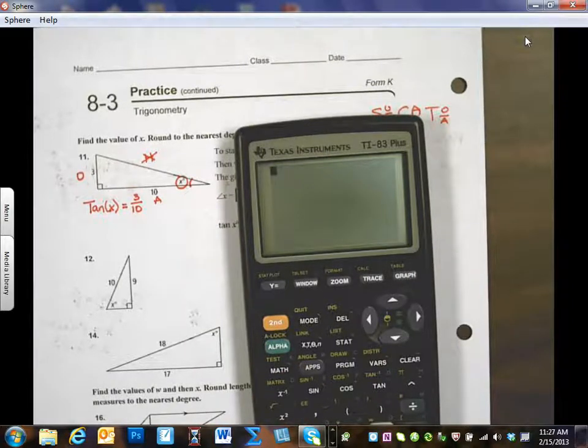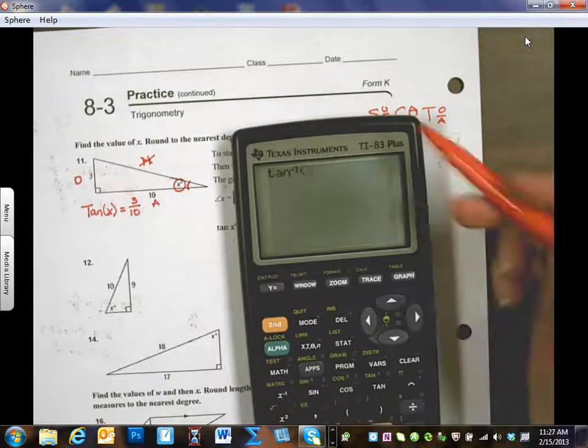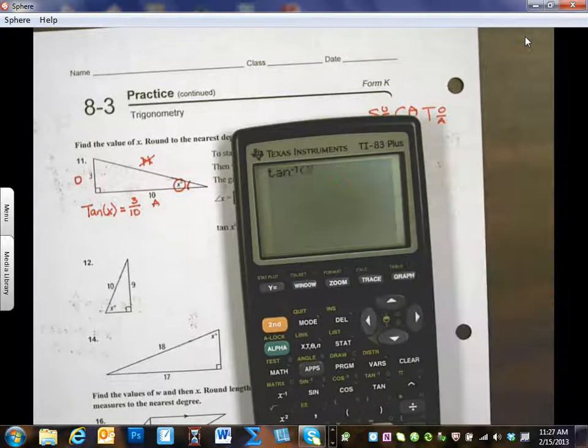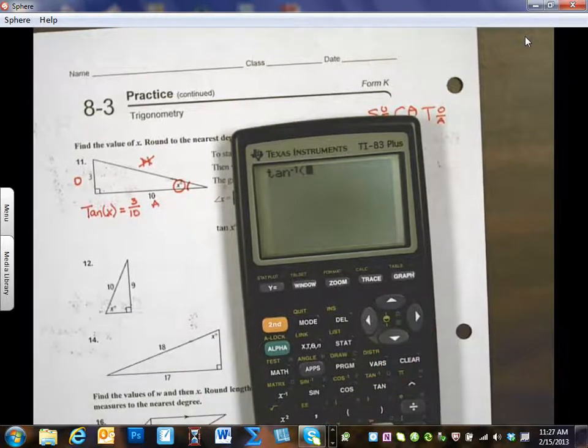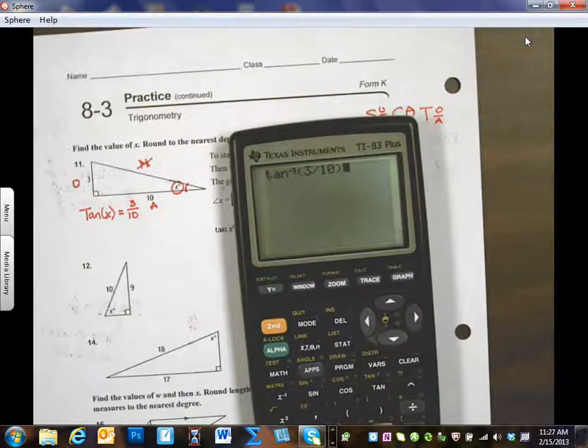To get that strike, I hit the second key and then the tangent key. Notice we get that strike against him. I'm just trying to help you remember using a story. Inside the parentheses, I put the ratio I've come up with, the opposite over the adjacent for this tangent function, and then all we do is hit enter.